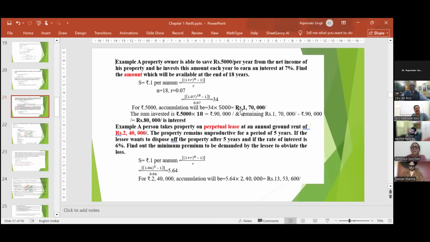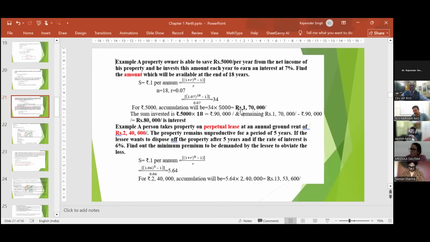5,000. So if you have to convert it into a formula, what formula should you be applying here? Just hold on. What is the relationship between present value and future value?